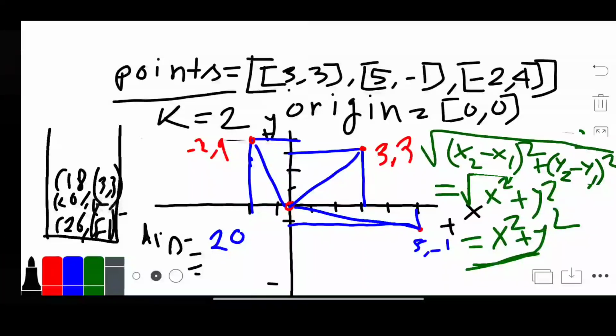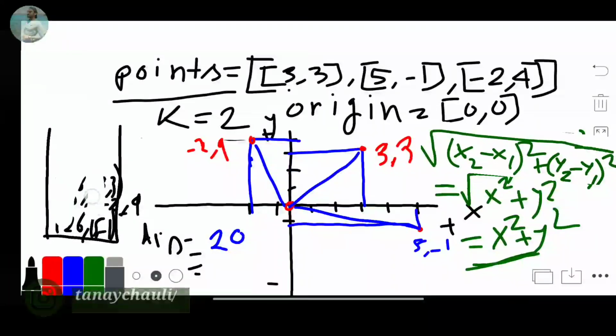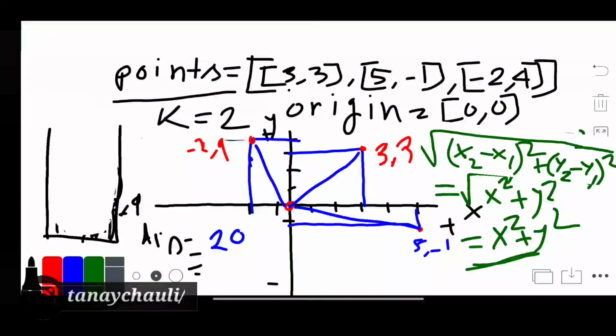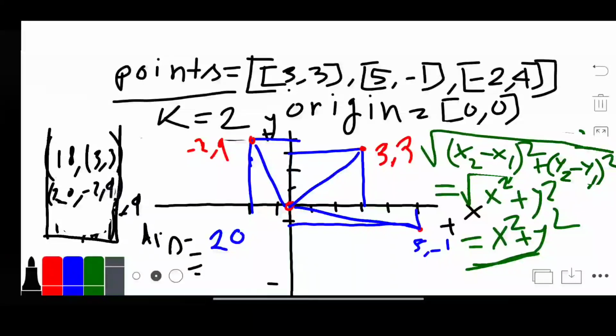Our first is 18 and (3, 3), next is 20 and (-2, 4), and next is 26 and (5, -1).